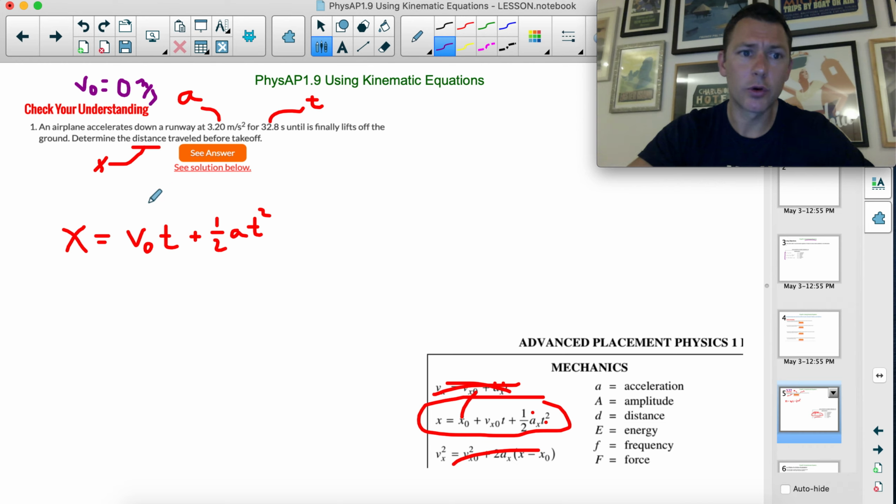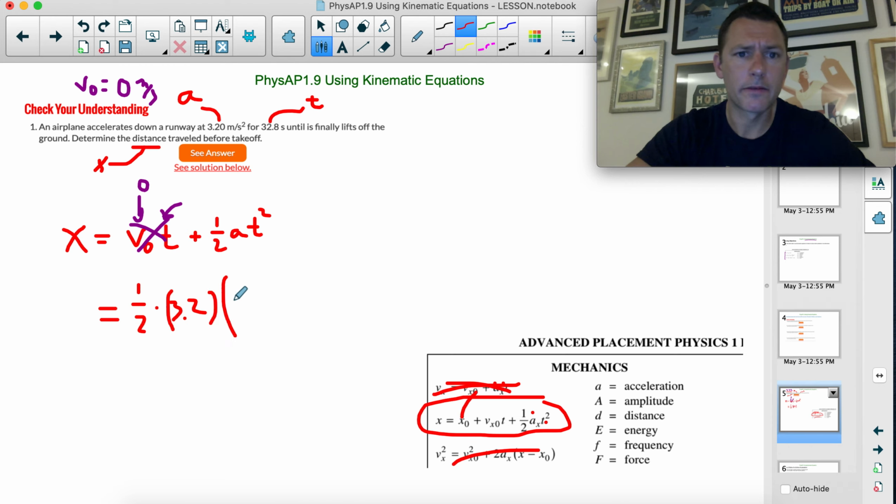All right, so let's put in 0 for this. Let's put in 32.8 for t. Still 0, it doesn't matter. Essentially this is going to be 1/2 times 3.2, that's our acceleration, times 32.8 squared.